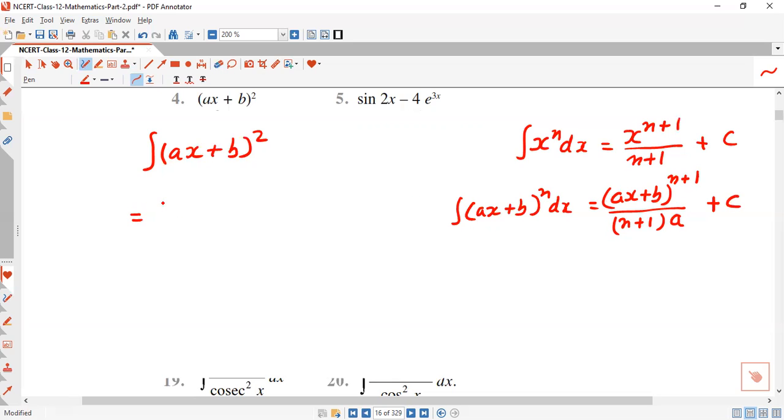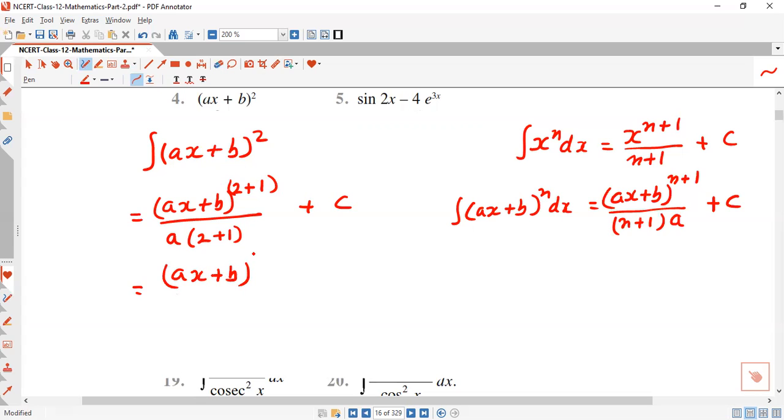So this comes out as (ax plus b) raised to 2 plus 1 divided by a times (2 plus 1), plus some constant c. So we write (ax plus b) cubed divided by 3a plus some constant c. This is the answer.